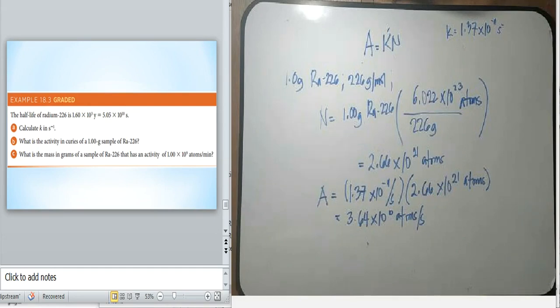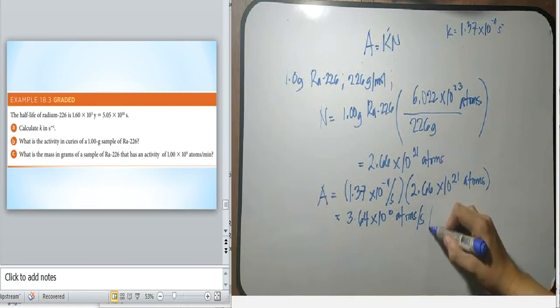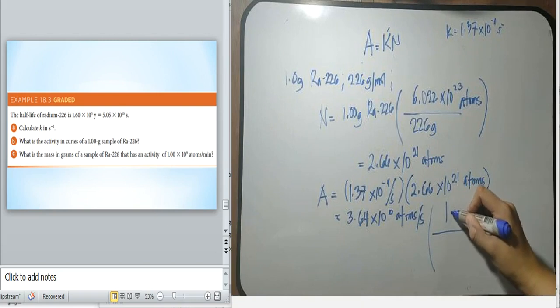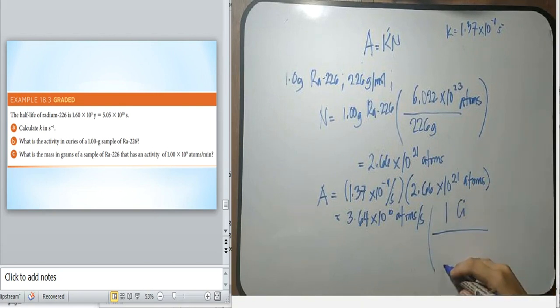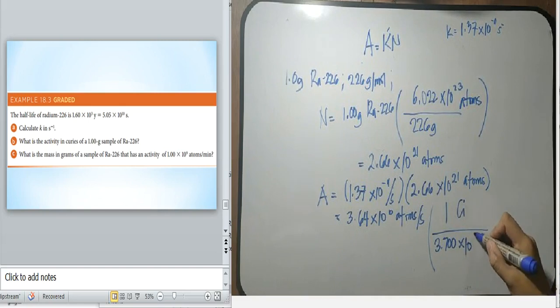So, what will happen? We need to convert this into Curies, because the question is, what is the activity in Curies? Okay? So, in 1 Curie, we have 3.7 times 10 raised to 10 atoms per second.